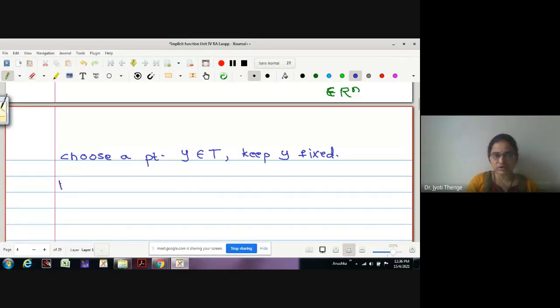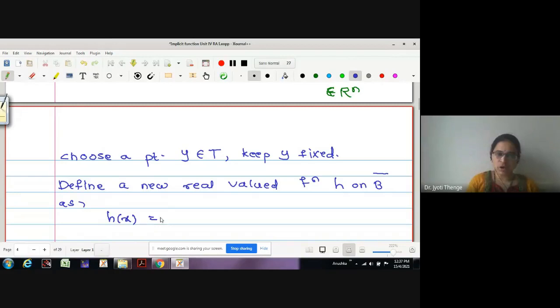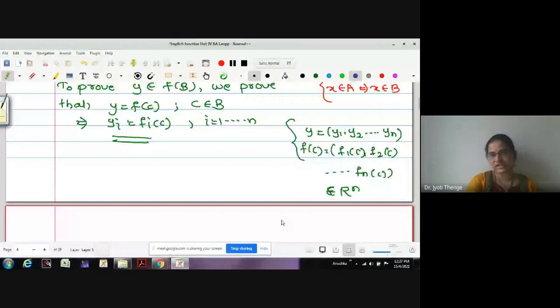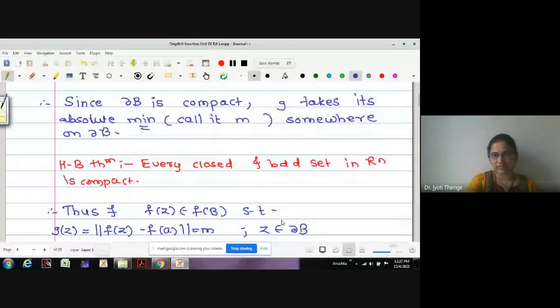Now we are going to define a new real valued function h on B bar as follows. h of x is equal to the distance between f of x and y, for x in B bar. Let us check how this sketch tells us what is f of x and y.